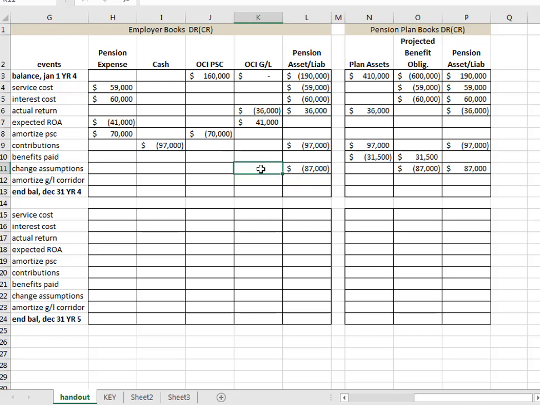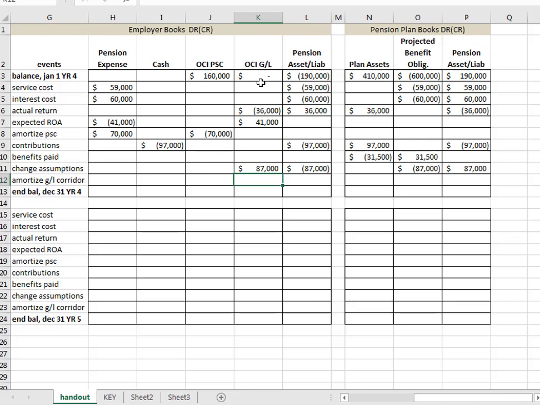And that increase gets spooled up into OCI, and as long as OCI doesn't get bigger than that corridor, that 10% of the larger of assets or pension liabilities, then it just sits there and gets offset by other changes in actuarial assumptions or by the difference between actual and expected return on assets, both of which get commingled in this OCI gain or loss account.